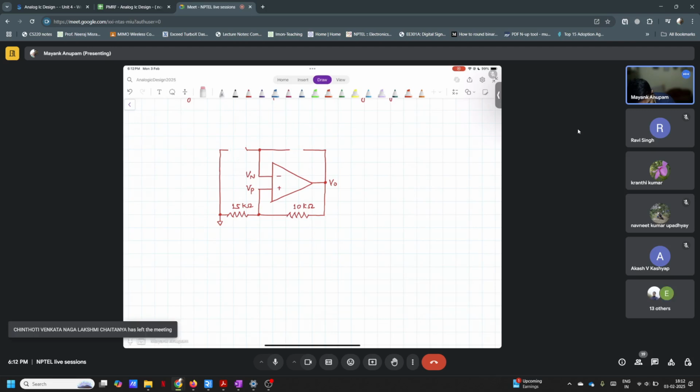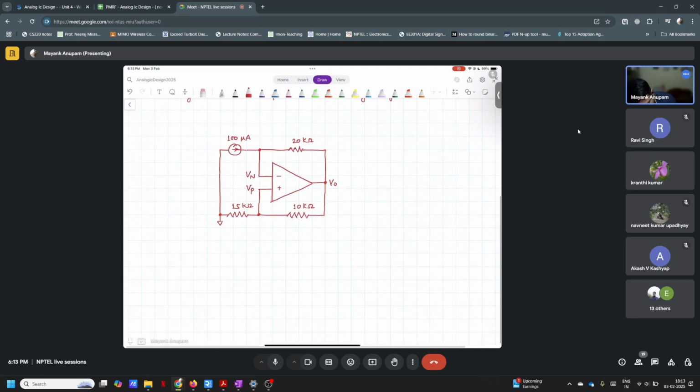There is a resistor placed here, and there is a current source here in this direction. Let's say it is 100 microamp. And what was this resistor here? 20 kilo ohm.